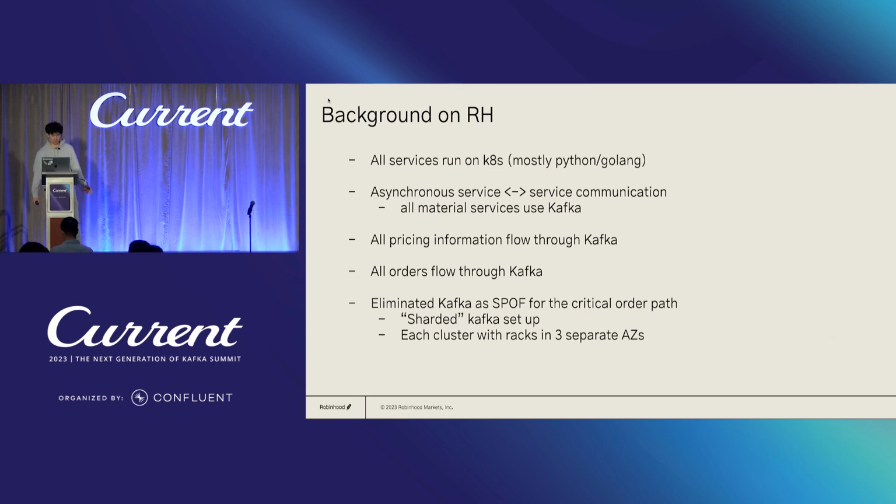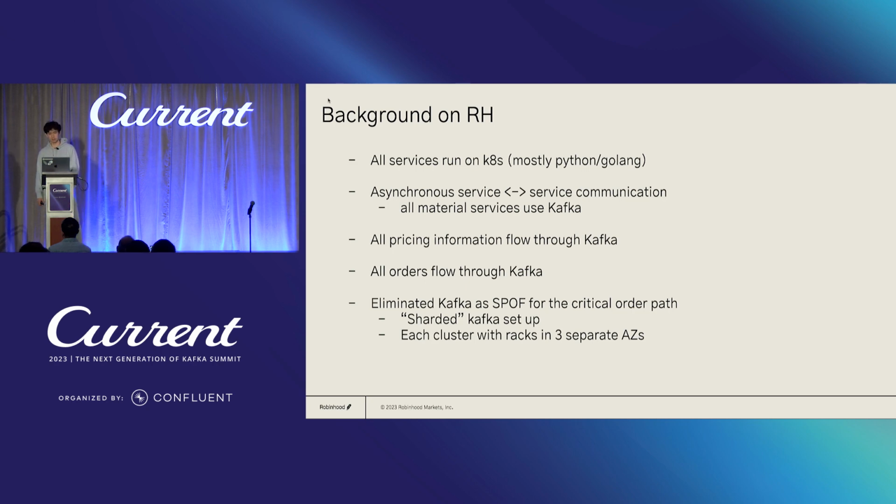So basically, this is a bit of background of Robinhood and Kafka usage at Robinhood. All of our application services run on Kubernetes. And these are mostly Python and Golang services because we started out as a Python shop and then we quickly embraced Golang into our tech stack. Kafka is pretty much the de facto asynchronous service-to-service communication method that we have at Robinhood.